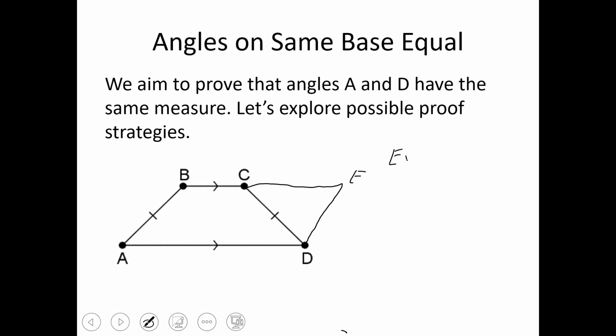These are very familiar construction steps. Extend BC through C so that BE is equal to AD. And then let's think about what we've got.